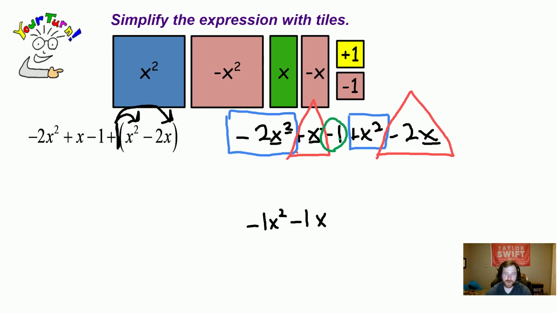There's nothing for me to combine this with, so it just stays negative 1. That is an example of addition. Use these shapes or colors or a system of both to organize your like terms, and then it's going to make your life a lot easier. Organization is the key to success when it comes to combining these like terms.